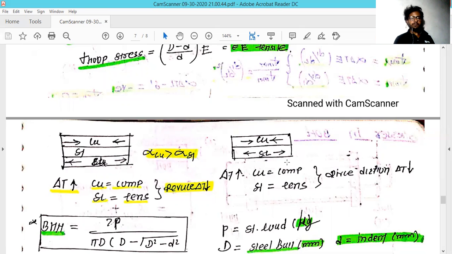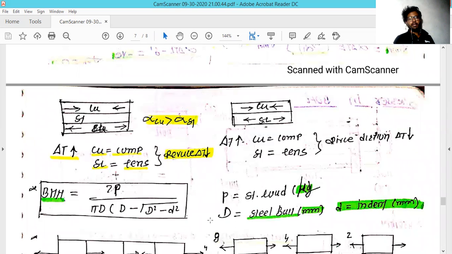Due to compression it tries to push the cross section, and the tensile stresses develop inside the steel.